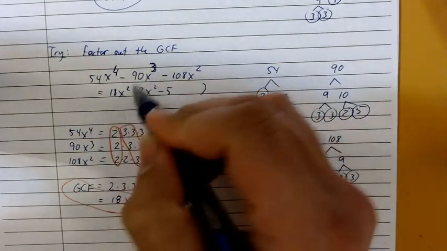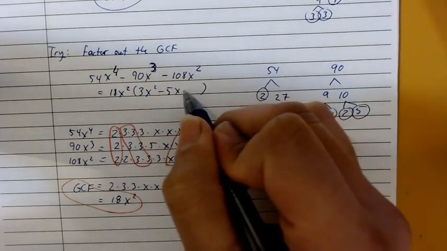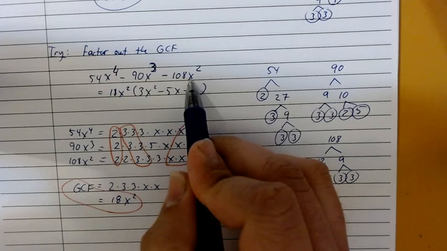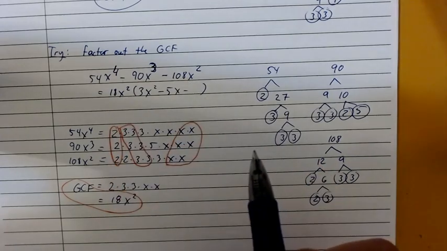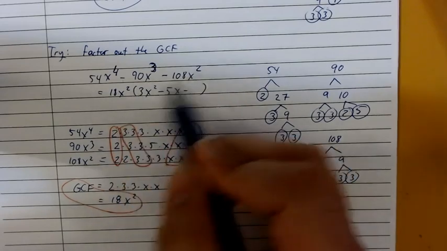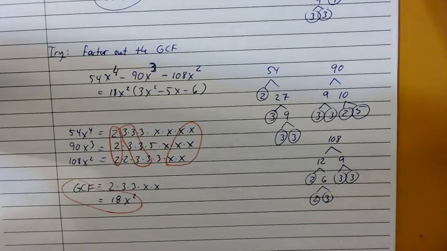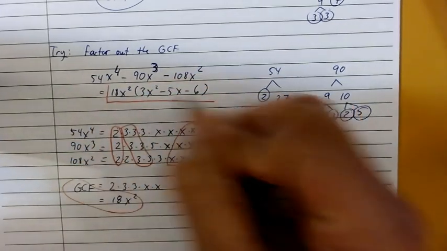But then x to the third divided by x squared leaves you a single x, minus. If you take 108 and you divide that by 18, you get 6. The x squared divided by the x squared is just 1. So 6 times 1, we'll just write that as 6. And that is our factorization.